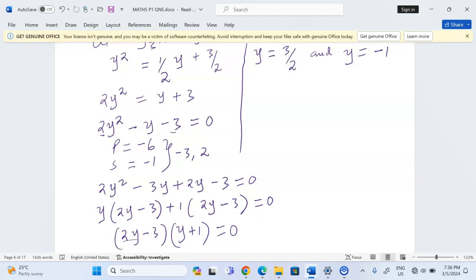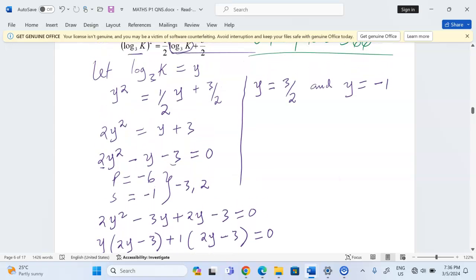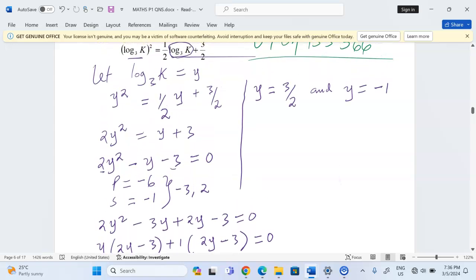Now that we have solved for y, and remember, it is the log of k to base 3 that had been let to be y, then now the k can be solved. So we need to say the log to base 3 of k is equivalent to 3 out of 2, and also the log to base 3 of k is equivalent to negative 1.